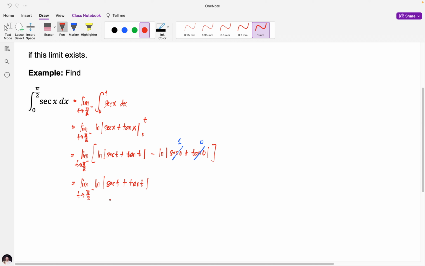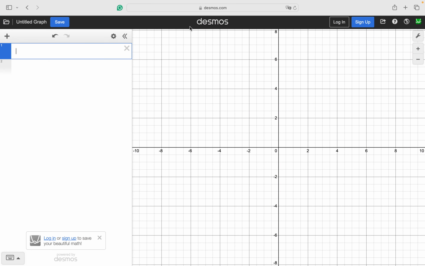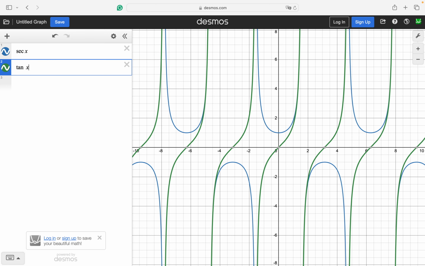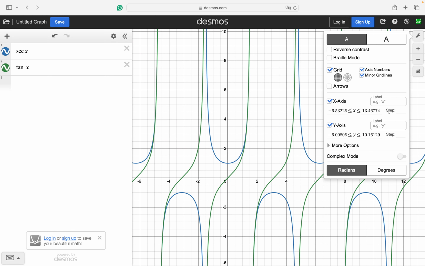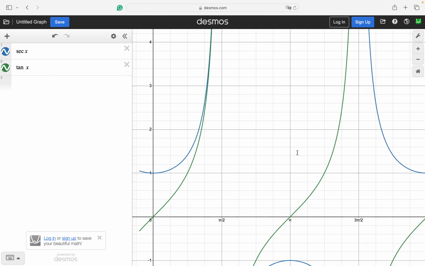Now, as t approaches pi over 2 from the left, what will happen to secant t and tangent t? Para mas makita natin, let's try to look at the behavior of the graph of these functions. So here, let's write secant of x, ayan, and also tangent of x. In this case, let's change the x values by pi over 2 para mas makita natin. Ayan, here is pi over 2.